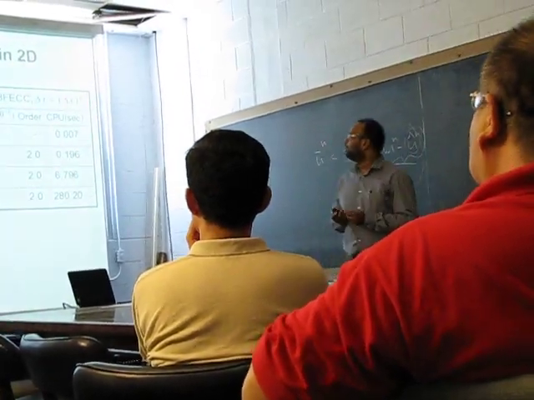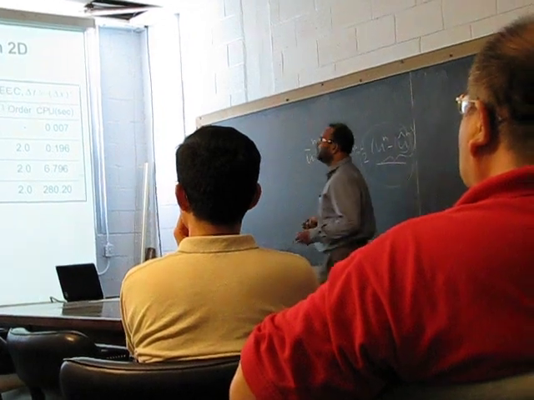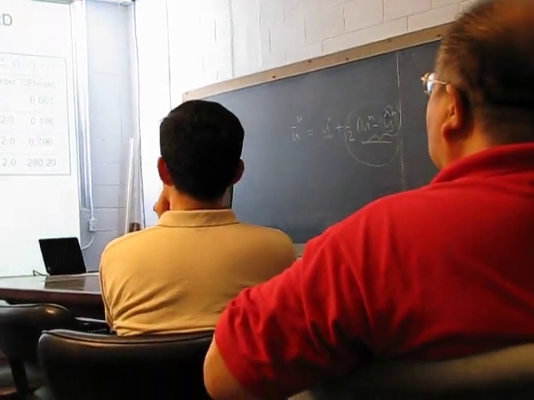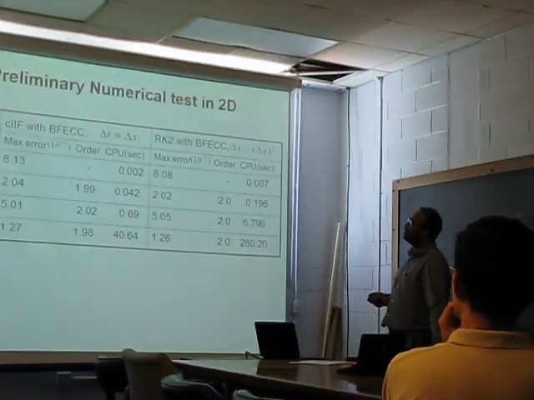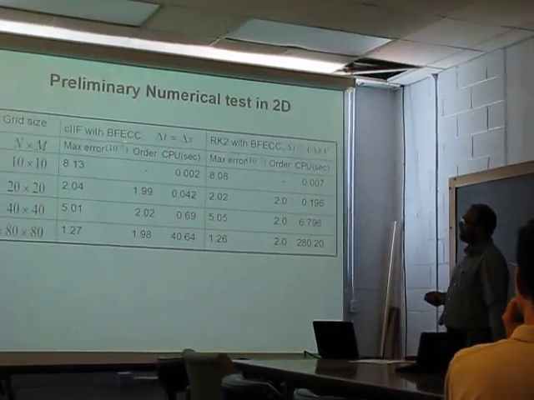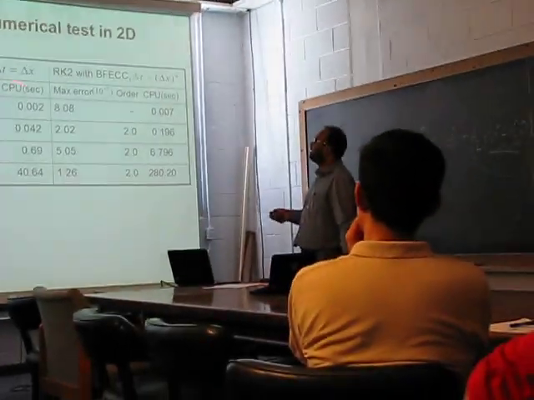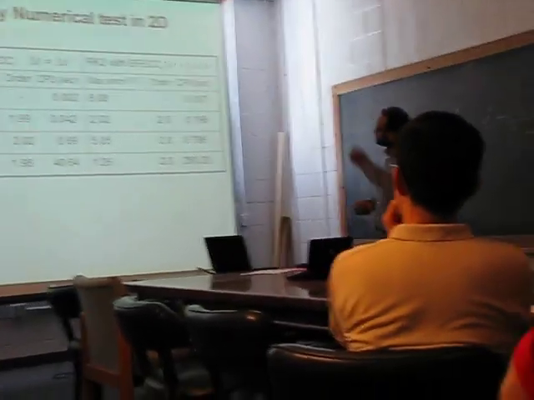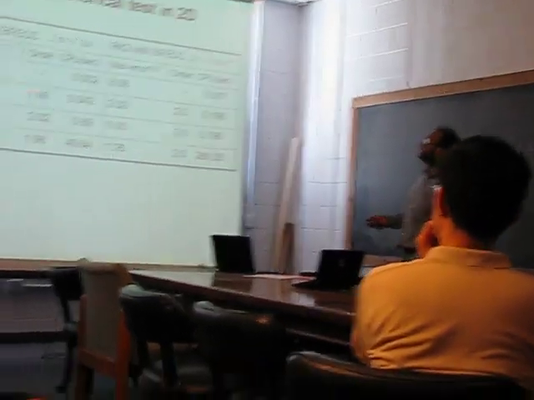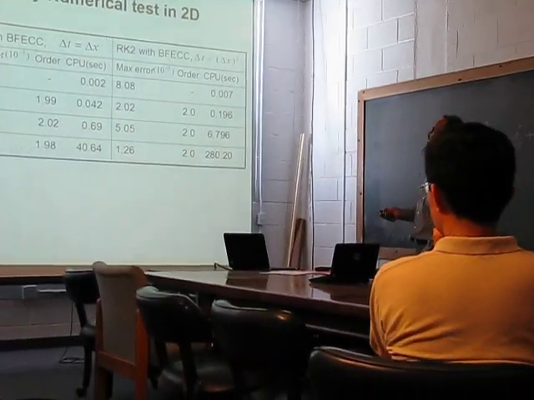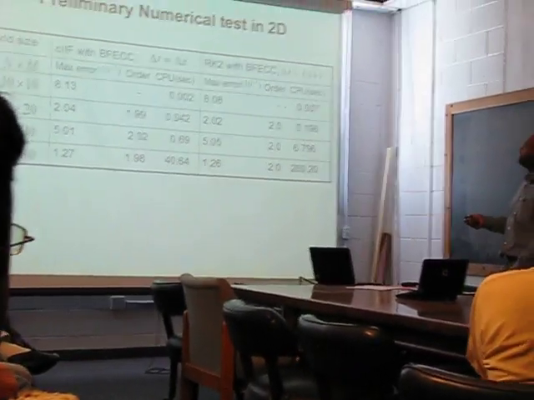So we are presenting here the results for two-dimensional with CIIF for reaction and CIR with the back and forth error compensation method. Here you can see definitely the result for this combination is better than the explicit scheme.